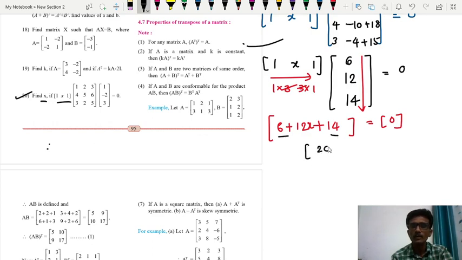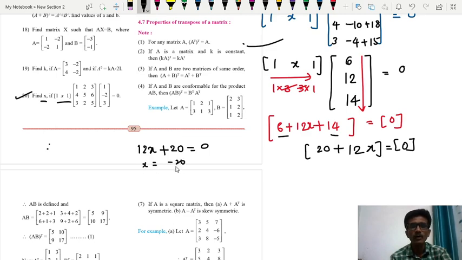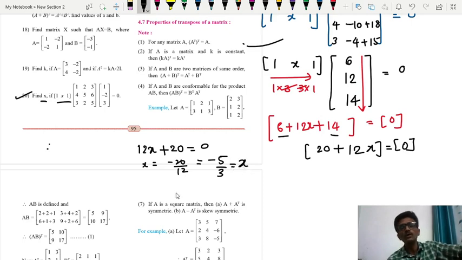It is 20 plus 12x, which is equal to 0. So therefore by equality of matrix we have 12x plus 20 is equal to 0. मतलब x will be equal to minus 20 upon 12. मतलब it is minus 5 upon 3. Okay, minus 5 upon 3. So you will be getting x. X is equal to minus 5 upon 3.